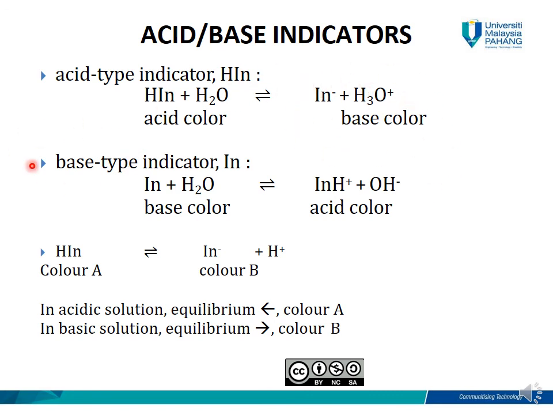And in this base type indicator, the indicator plus H2O will form the acid color; the indicator will accept H plus. From this summary, we can see that the color change occurs when the H plus, the proton, is gone or added. This is what we try to figure out when we do titration.